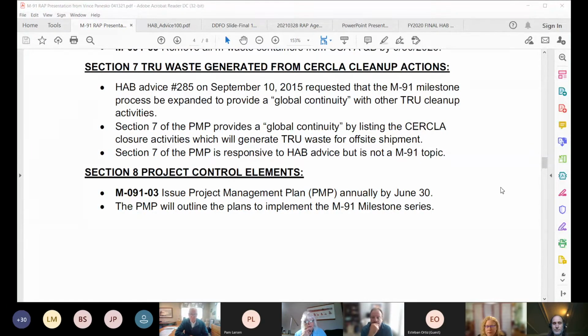I am imagining that we will see some hiccups in direct feed low activity waste. I hope not, but there's a potential.